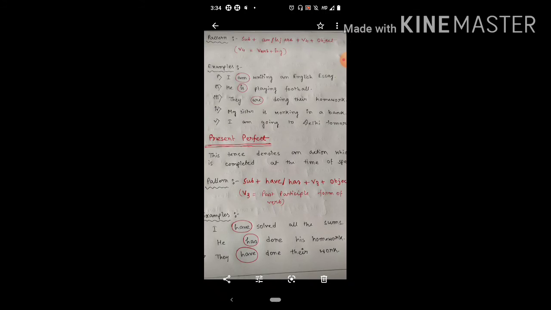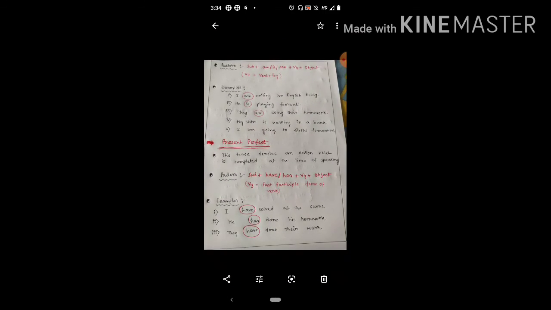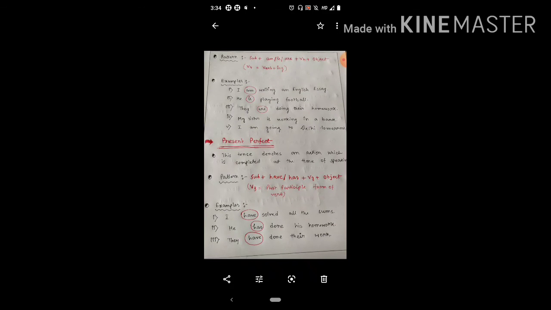Now come to the third point, that is present perfect tense. Present perfect tense is used to denote an action which is completed at the time of speaking.